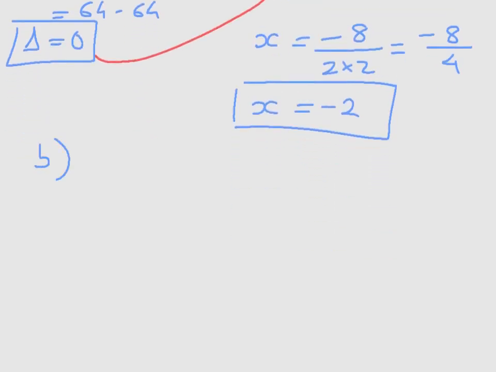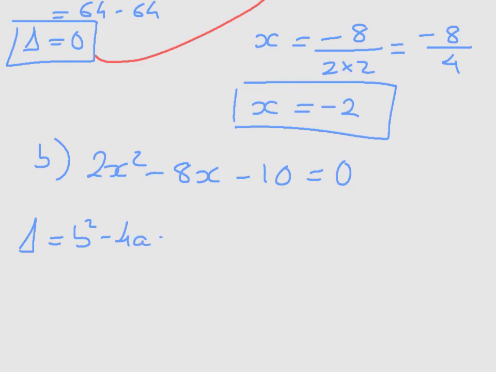We had this, b. And the equation was 2x squared minus 8x minus 10 is equal to 0. So again, the first thing I do is calculate delta. Delta is equal to b squared minus 4ac.